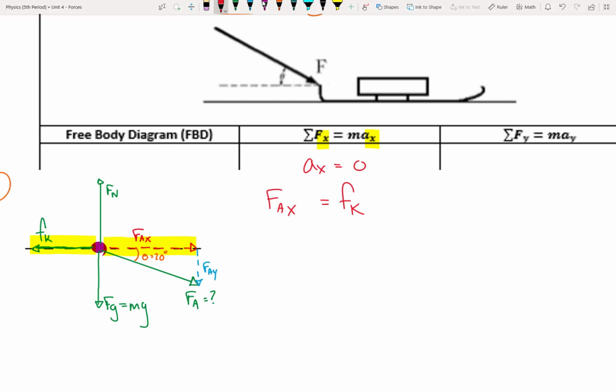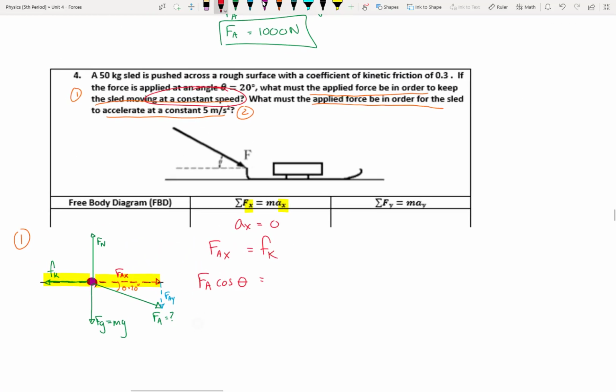Now I can get more specific with how I write these. I could say Fa cosine theta, it's adjacent to the angle, equals Fk, which I could write as mu k times the normal force. Let's see, do we know the value of mu k? We do, it's 0.3. All right, so mu k here is 0.3, and we don't know what the normal force is yet, but maybe we can figure it out.